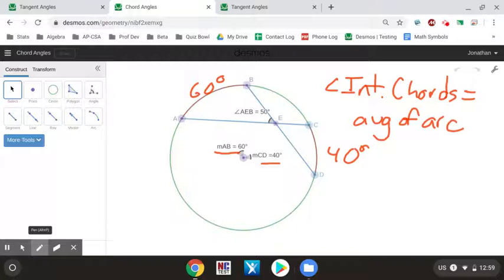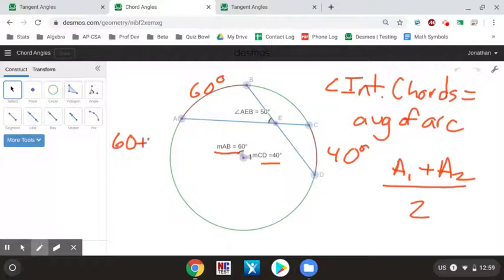And of course, to average the arcs, I can take arc 1 plus arc 2 and divide it by 2. And that's going to be the intersecting chord angle there in the middle. So it's no coincidence that if I were to do 60 plus 40, that would be 100, divided by 2 would be 50 degrees, which matches that angle in the middle.